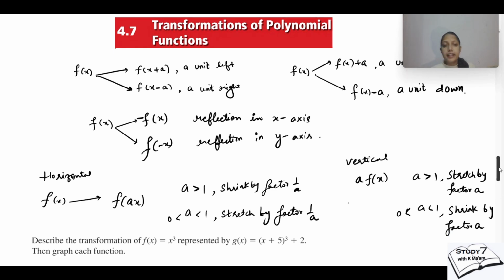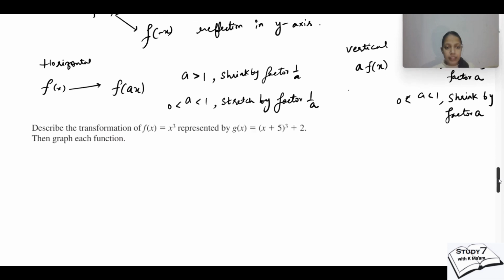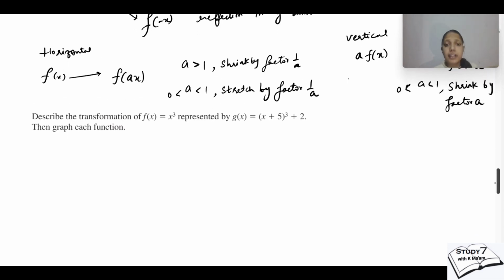Okay. Next it says describe the function f(x) = x^3 represented by this. So the original function is x^3. This x^3 is changed by adding 5 to x, so (x + 5)^3.